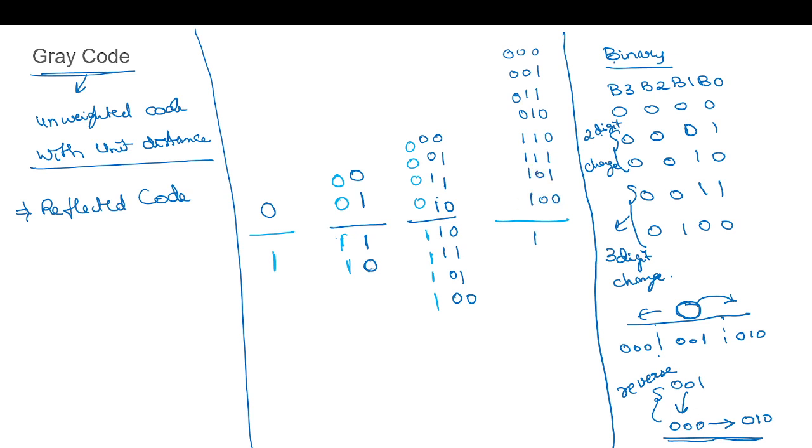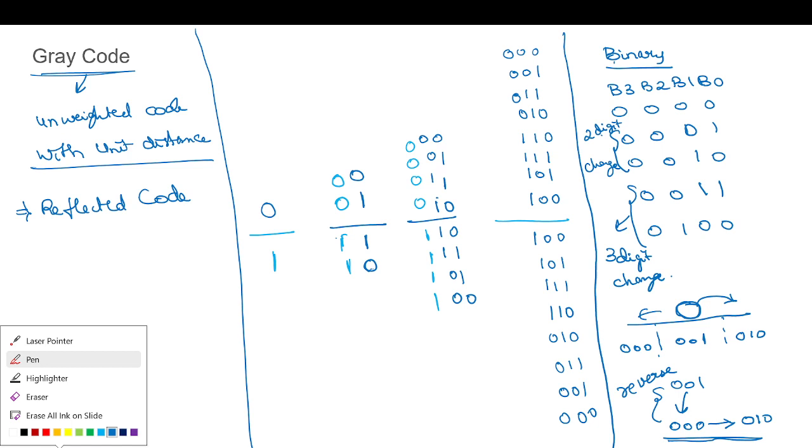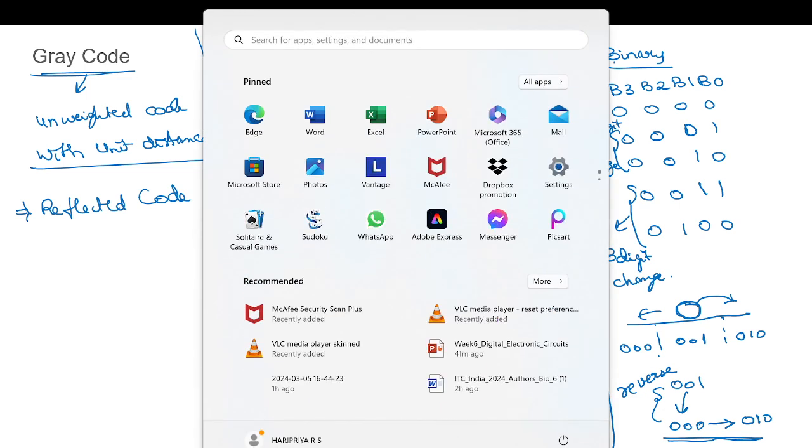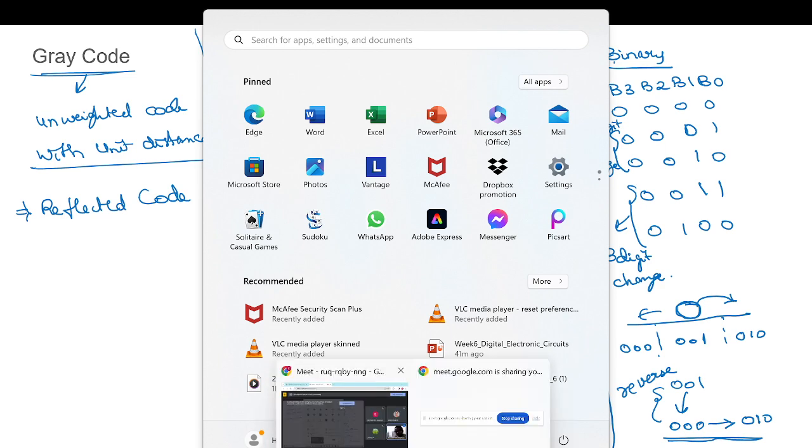And now the reflection of it: 100, 101, 111, 110, 010, 011, 001, 000. And above the reflection, 0, and below the reflection, 1. Any questions?